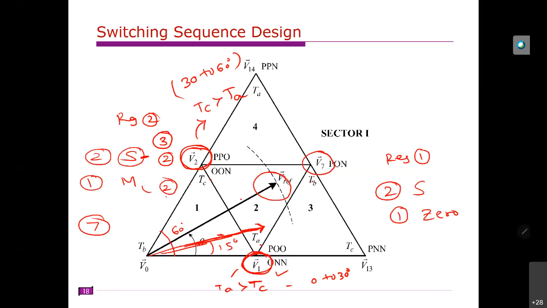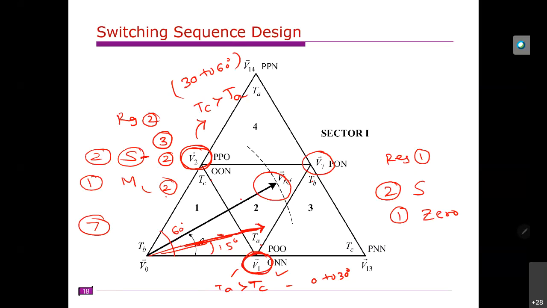For example, if it is in the 2A region, V1 has the stronger influence, which means TA is more. So in this case, we divide TA into three parts, TB into two parts, and TC into two parts. In TA, half of the period we implement the N type, and the remaining half we implement P type.